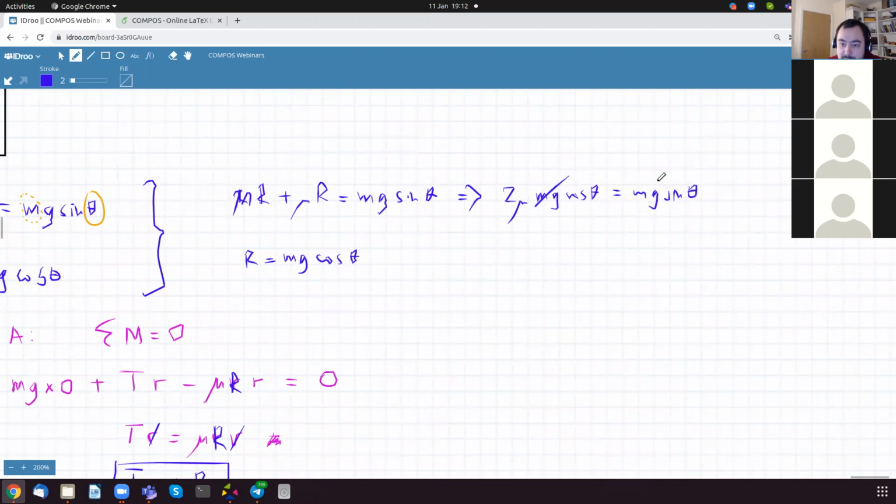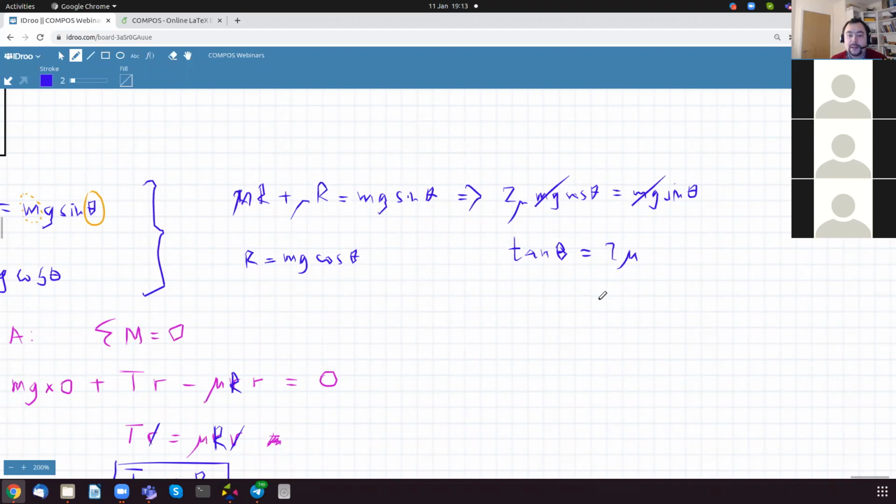Mg cancels out, which is not surprising, given our previous experience with questions like that. And we divide by cosine and we get tan theta equal to 2 mu.